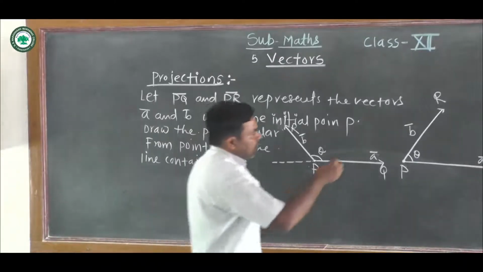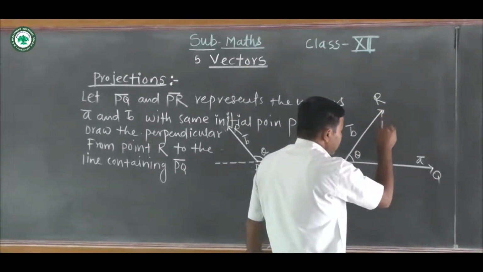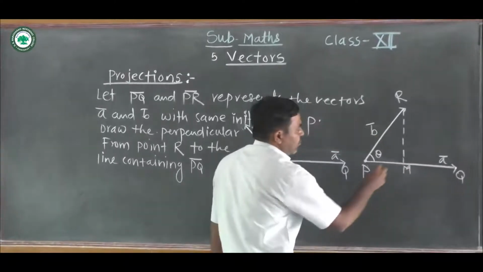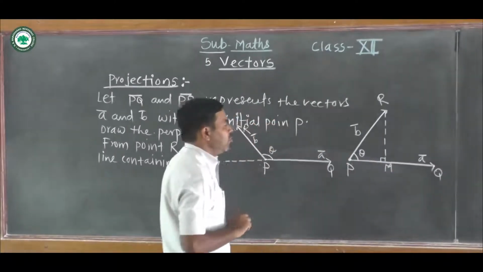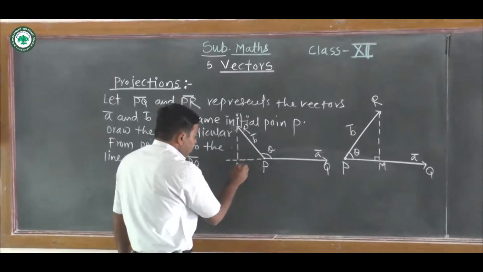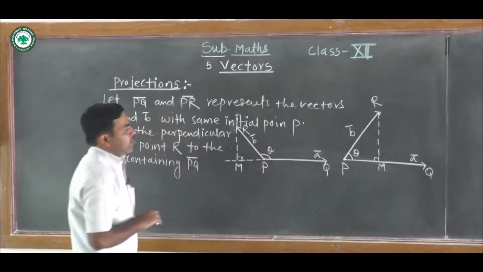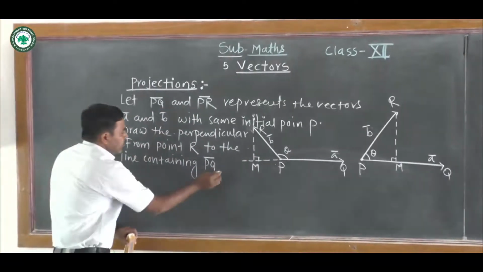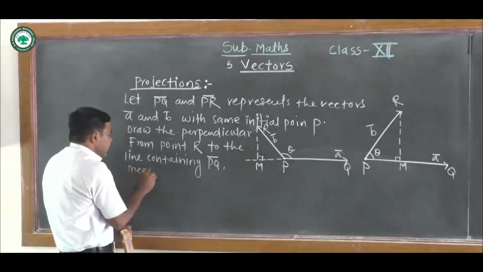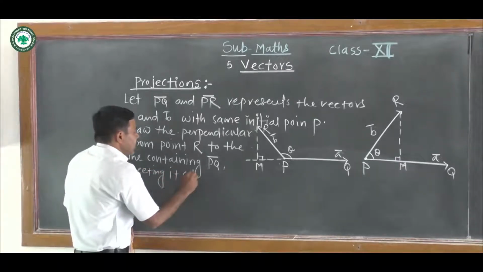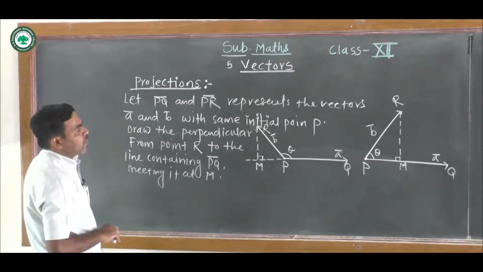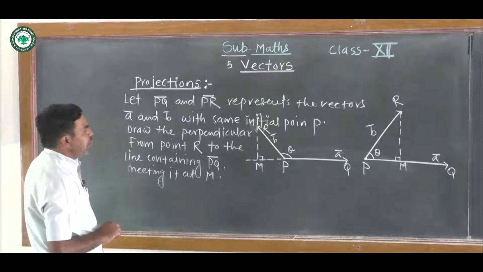Means from point R we have to draw a perpendicular, and that meets the line containing PQ bar at M. Here also draw a perpendicular, that is RM, to the line containing PQ bar, meeting it at M. So this RM is the perpendicular drawn from R to the line containing PQ bar.